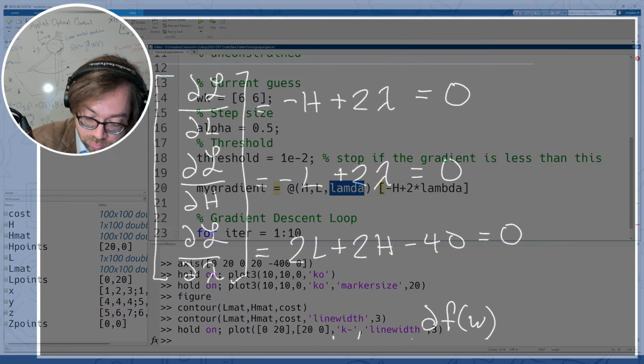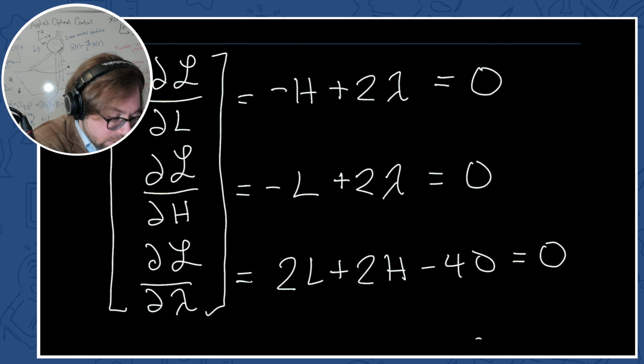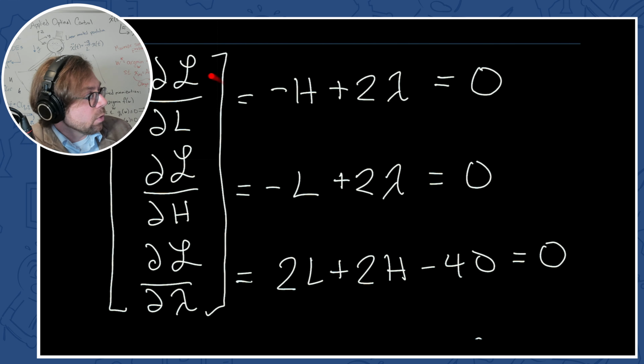And we already kind of laid this out for you. Look at this. Here, you have your Lagrangian with respect to L, your Lagrangian with respect to H, which are your decision variables, but also Lagrangian with respect to lambda. Okay? And all of these three gradients have to be equal to 0.